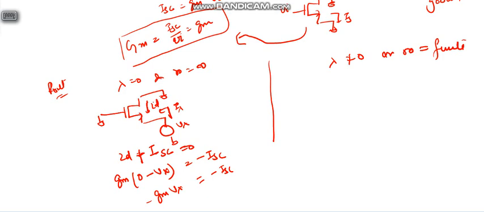Oh, sorry, I have written something wrong. We are assuming not a short circuit, but we are taking it as an Ix current. So the negative sign cancels. Vx upon Ix equals 1 by gm. This is Rout.